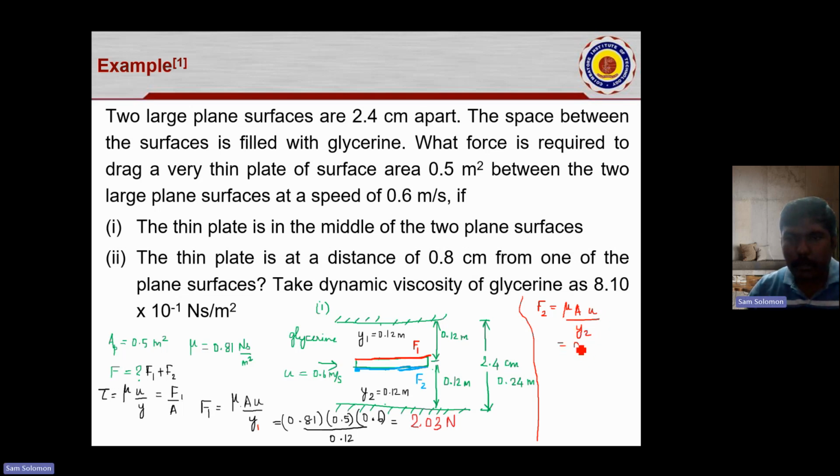And so that's going to be 0.81. There is no change in the area, 0.5. There is no change in the velocity, 0.6. And y2 also happens to be 0.12, and there is no change. So F2 is also going to be equal to 2.03 newtons.